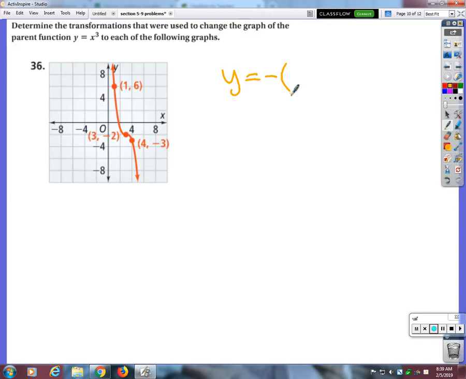How far has that little middle point been moved to the right? 3, because see how the x-coordinate of this point right here is 3? So that means I'm going to go x minus 3 cubed. And then how far up or down has it been moved? Down 2.